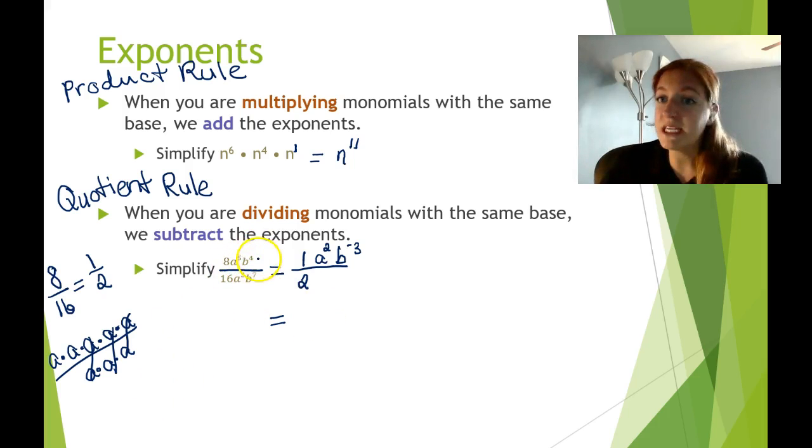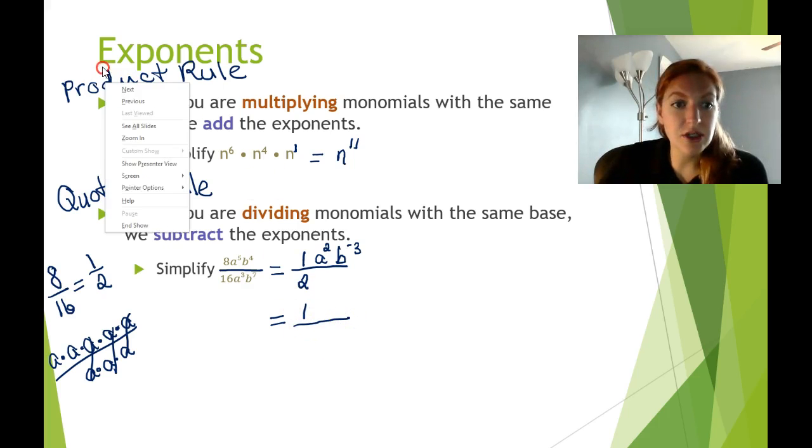We have 4 b's on top and 7 b's on the bottom. If we cancel 4 of those b's on top and 4 of the b's on the bottom, the b's left are on the bottom, and in fact there are going to be 3 b's left on the bottom after you simplify.